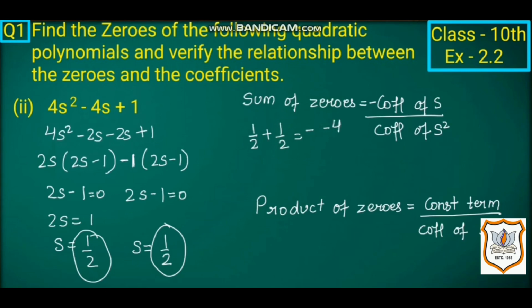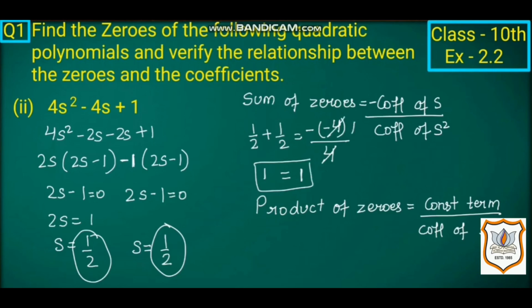The coefficient of s is minus 4 upon the coefficient of s square, which is 4. Therefore minus minus is plus, and 4 by 4 is 1, half plus half equals 1. Therefore we get 1 equals 1.